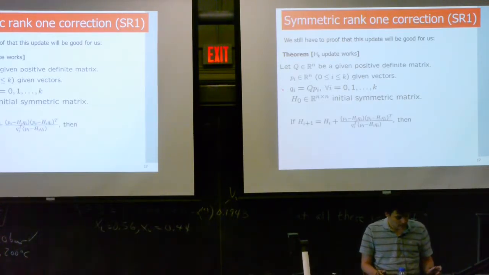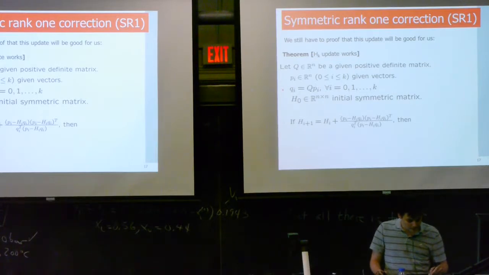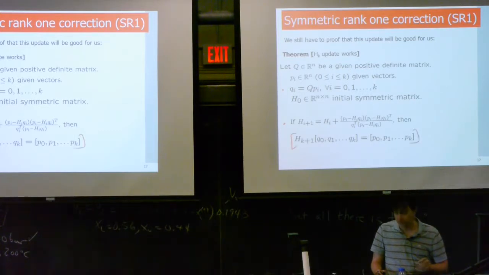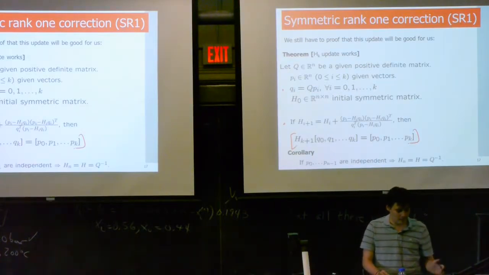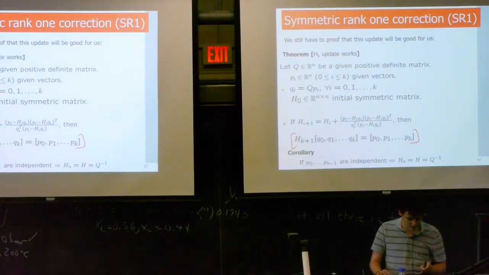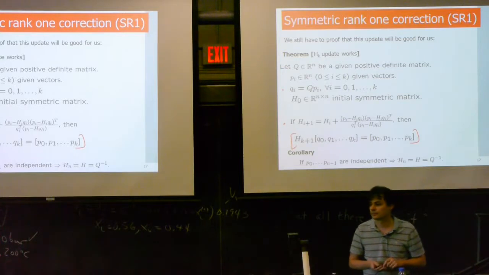And now if we use this update that we just discussed, that's the only form the update can be, then we will have this consistency property that we wanted. So that's the theorem. And as a corollary, if p0 to pn-1 are independent, then at the n-th step, Hn will be the inverse of the Hessian. Okay?